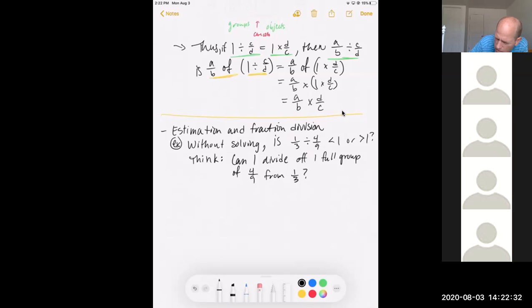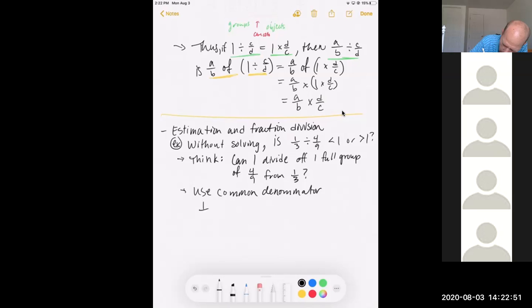Okay, so you need to see which one is bigger to see if you can divide it off. So my recommendation is to use the common denominator. And I'll show you how that works.